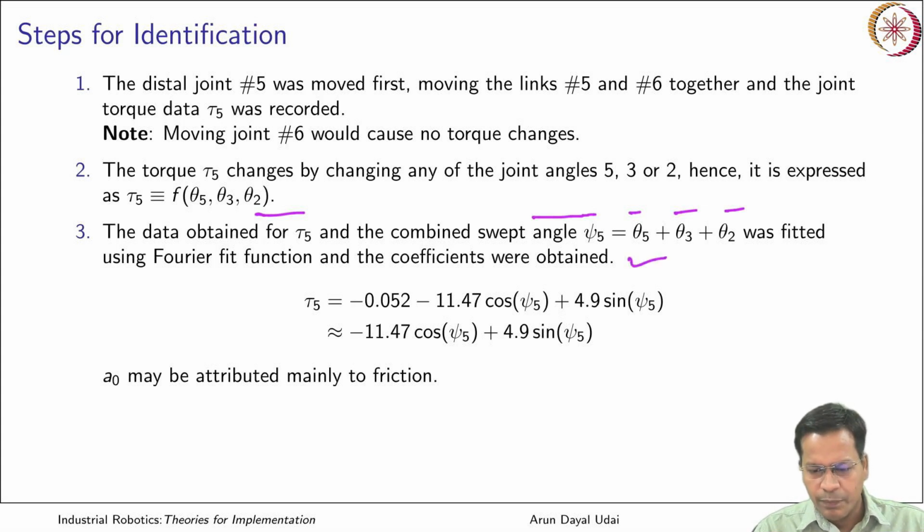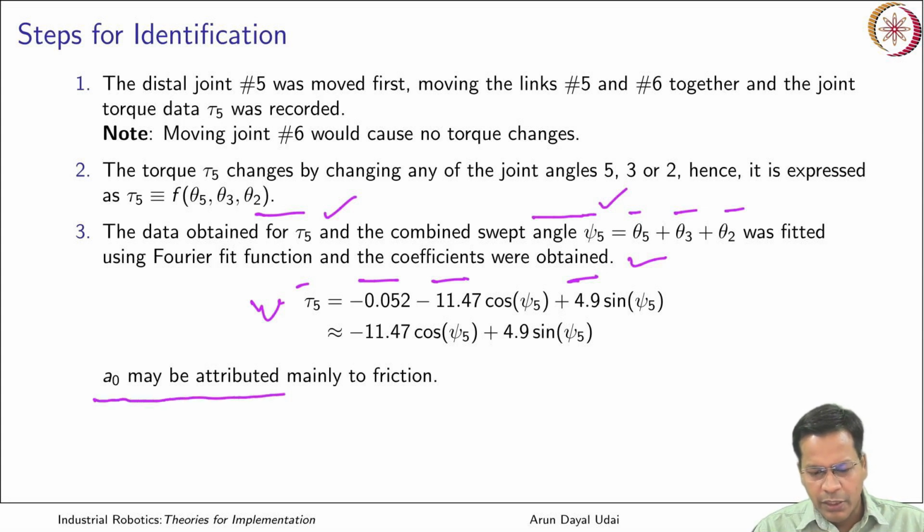So you see, once I acquire the data of tau 5 and this angle, I have put them together and used MATLAB fit function to obtain the coefficients. What I got is something like this. So tau 5 is equal to this is A0, this and this. Okay, so these two are the coefficients I wanted to have.